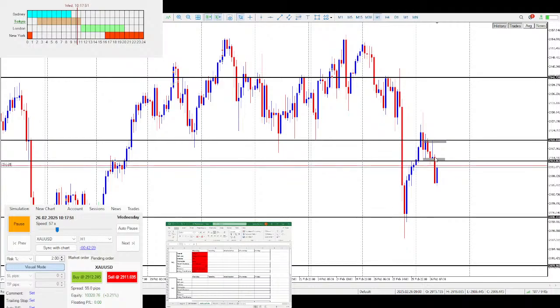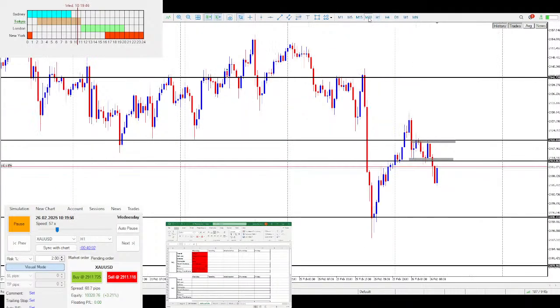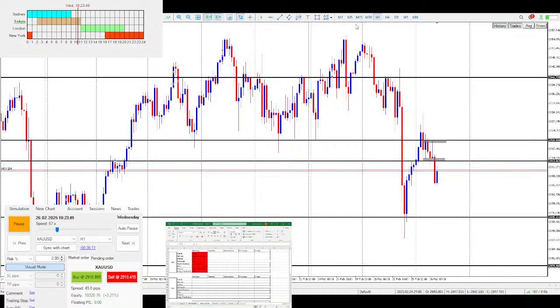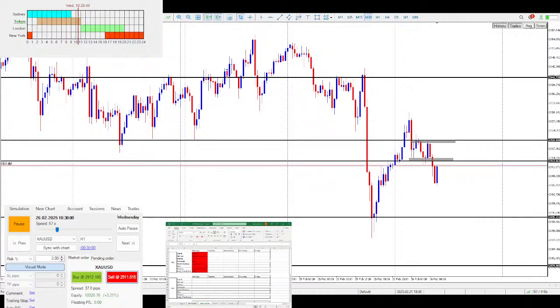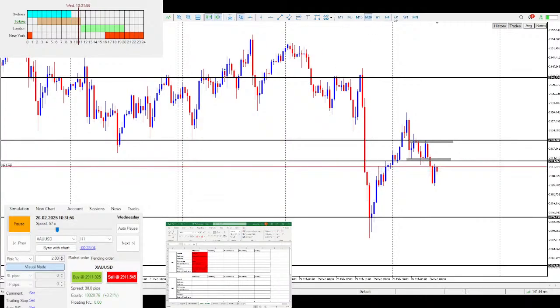This could have been a good entry for trend continuation, but it was too early, this one on the 1 hour time frame. You can see a support has been formed.